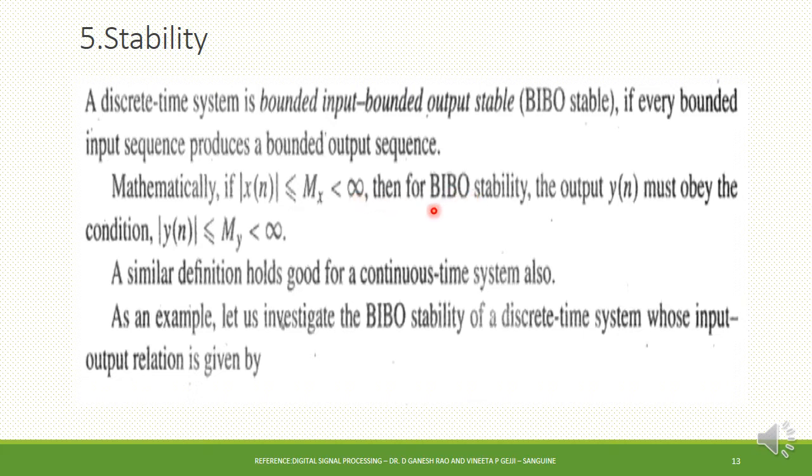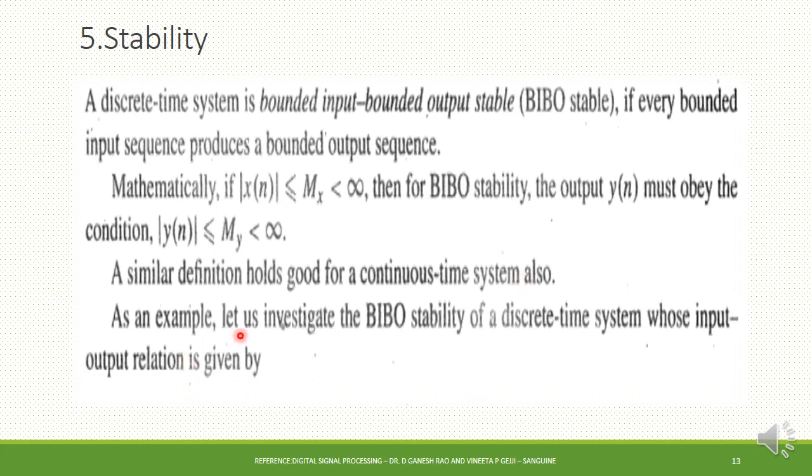Then for bounded input, bounded output stability, the output y of n must obey the condition that modulus of y of n is less than or equal to My, which is less than infinity. If the input obeys this condition, the output should also obey it. Such systems are called stable. A similar definition holds good for continuous time systems also.